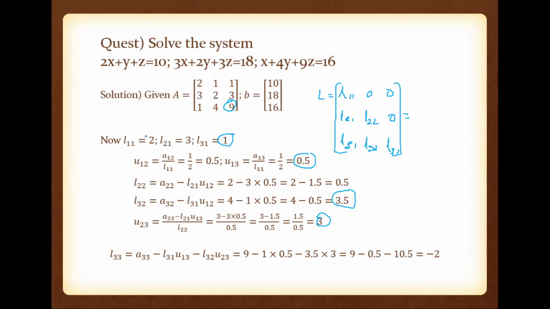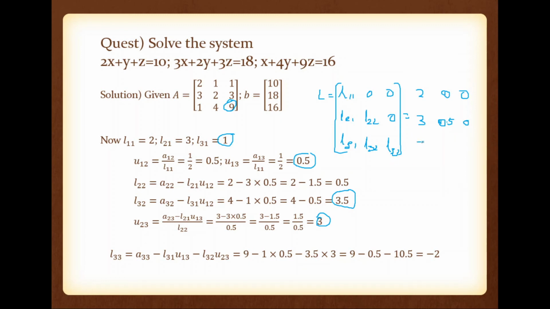what is L11? 2. What is then 0 0, then what is L21? L21 is 3, then what is L22? L22 is 0.5, then 0, then what is L33?